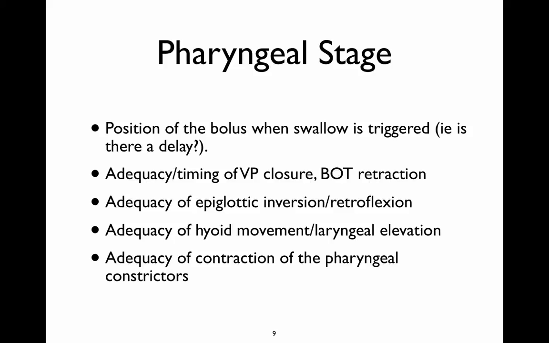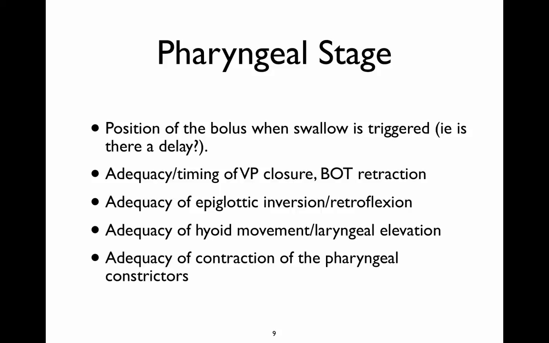When you look at the pharyngeal stage, the next stage, of course, you can see in an MBS, you're going to be looking at how the bolus needs to be positioned before the swallow is triggered. And we've talked about some of this last week in our Collaborate section, when we were talking about the bolus passing the ramus of the mandible.